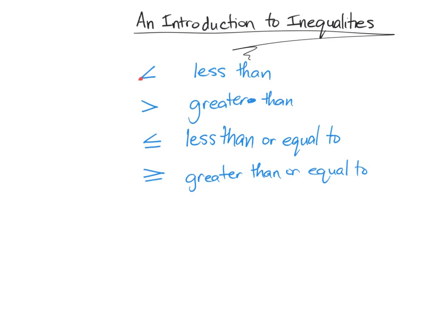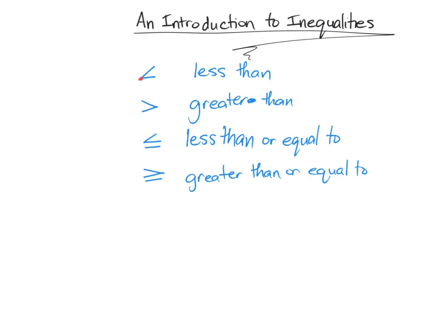Now that we've spoken about that, let's get to the good stuff, which is to actually look at an inequality and talk about finding the solution of an inequality. So you may remember, let's look back at equations for a second. An equation is a mathematical phrase in which one expression is equal to another expression.